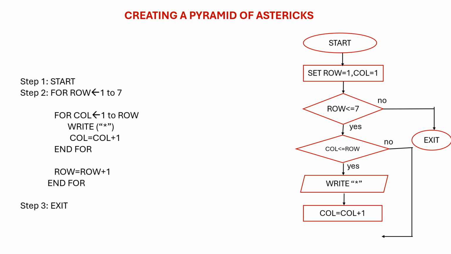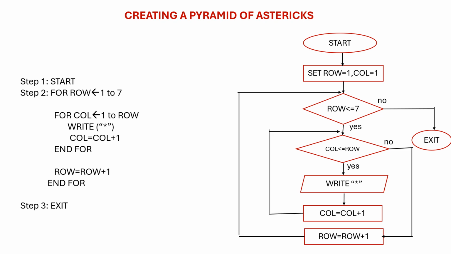But as soon as it does not satisfy the condition, the decision will move on to the no branch, in which it is going to increment the outer loop, and in this way it is going to go back to the decision of the loop. So in this way the nested for loop is made, the inner loop obeying the decision of the columns and the outer loop obeying the decision for the rows.